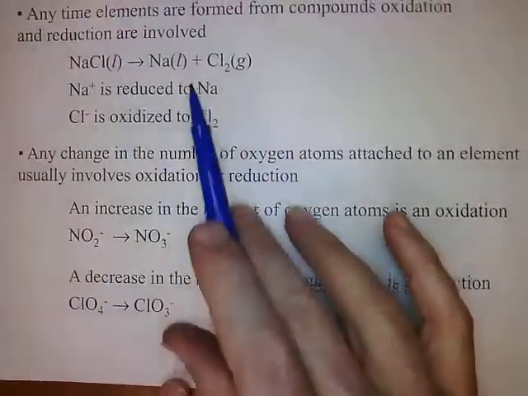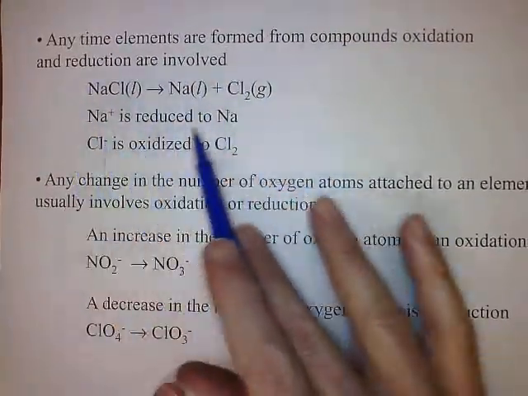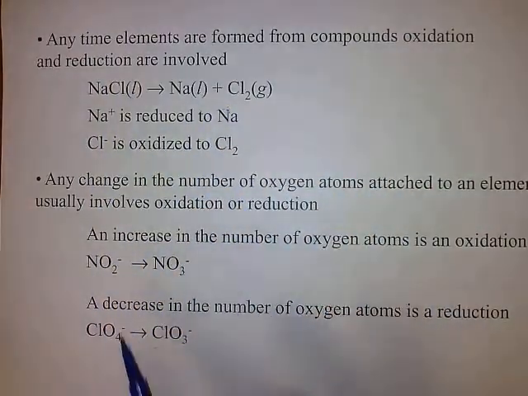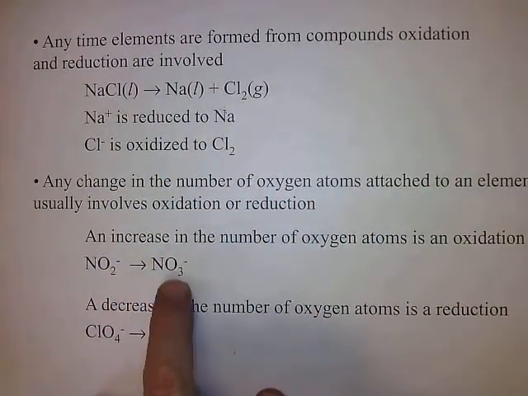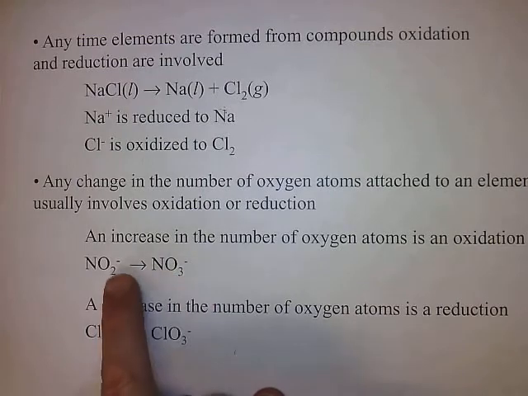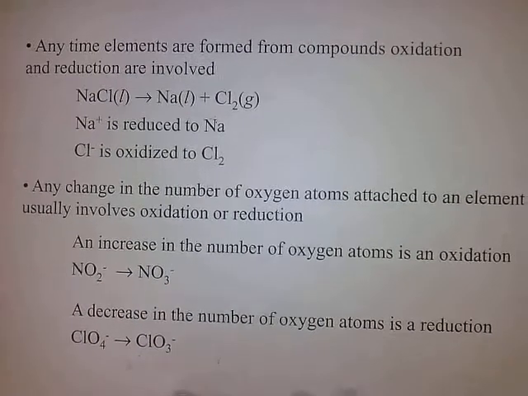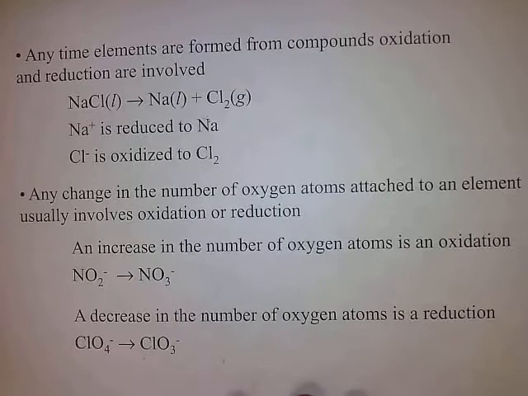Now this is not so obvious. How is this an oxidation if the charge is staying the same? And how is this a reduction if the charge is staying the same?